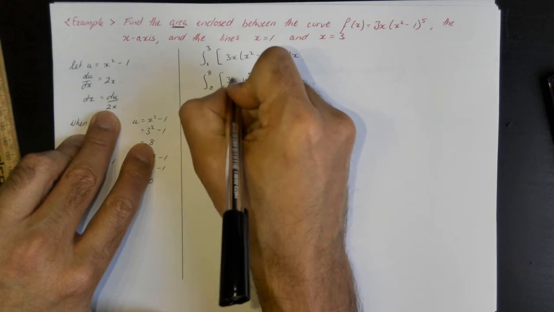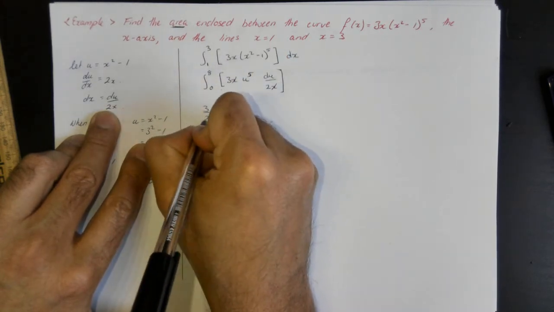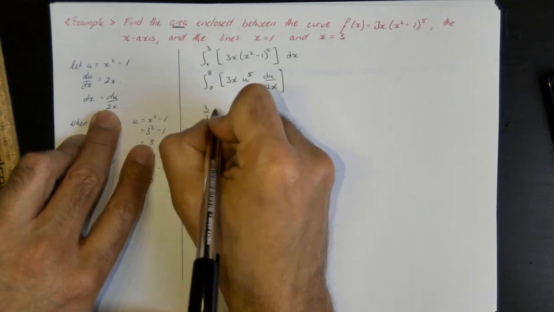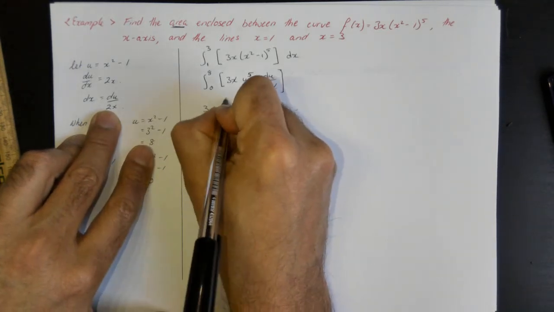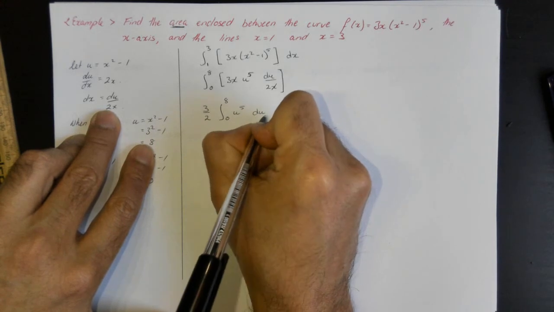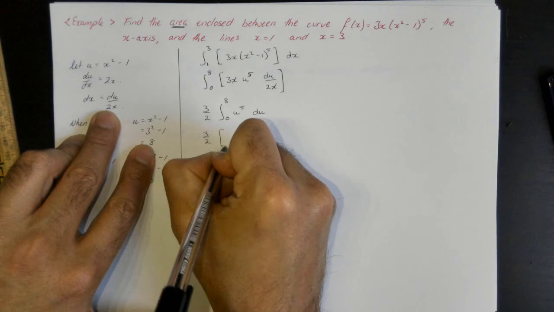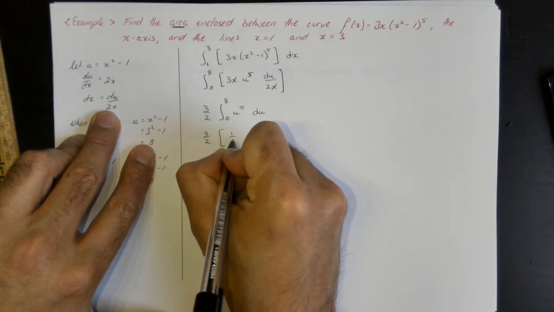Those x's cancel out, and I can take out the factor of 3 on 2, then raise the power and divide by the coefficient.